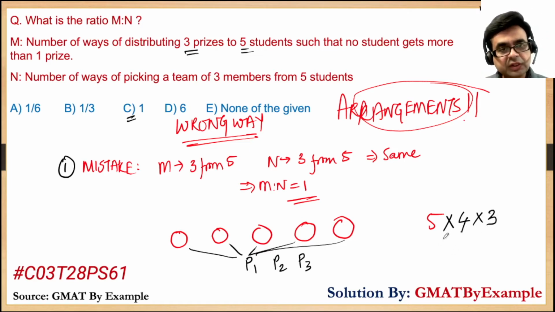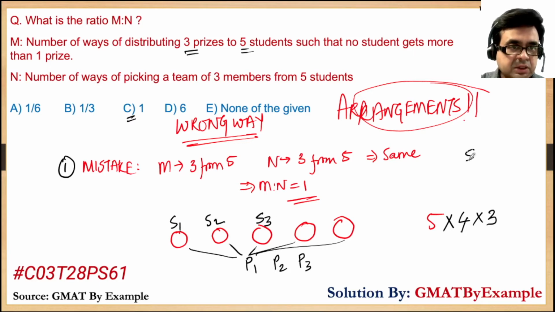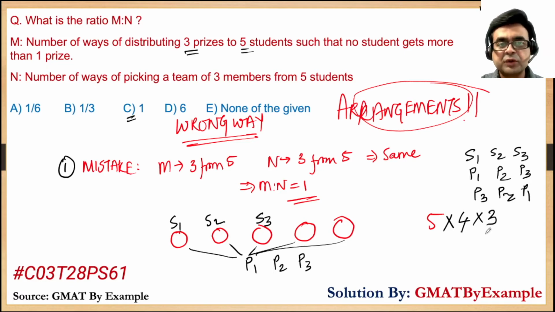Since the students are different and the prizes are different, the arrangement of how the students get the prizes is very important. Let's call them S1, S2, S3. So S1 gets P1, S2 gets P2, and S3 gets P3 is different from S1 getting the third prize, S2 getting the second prize, and S3 getting the first prize, for instance.